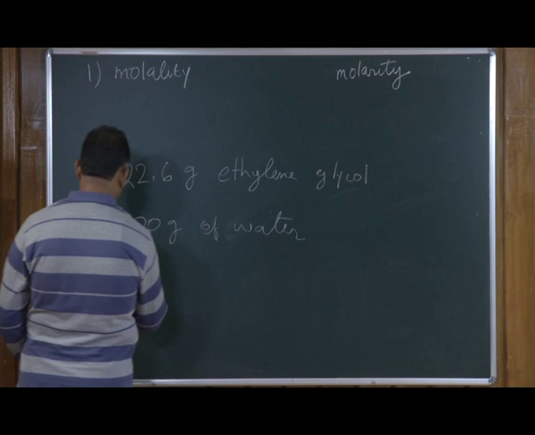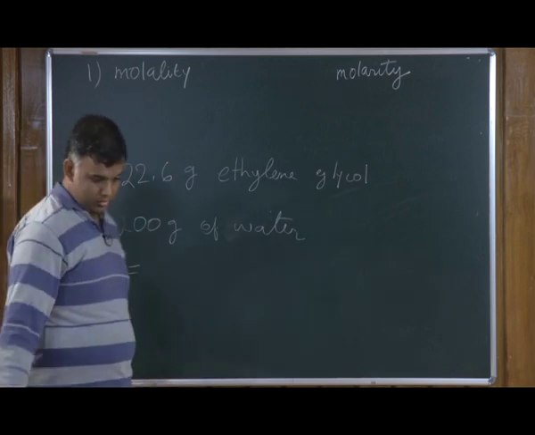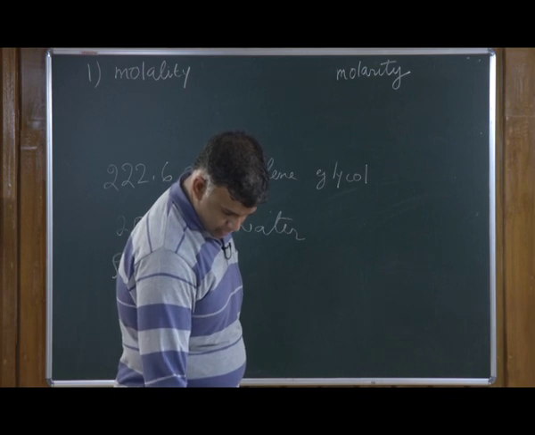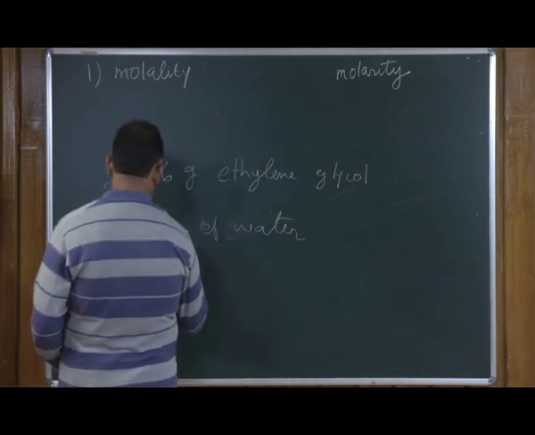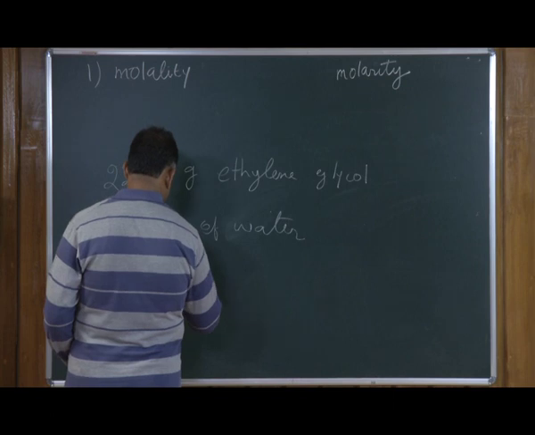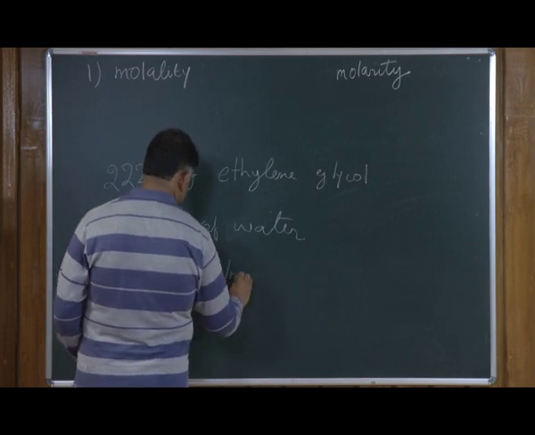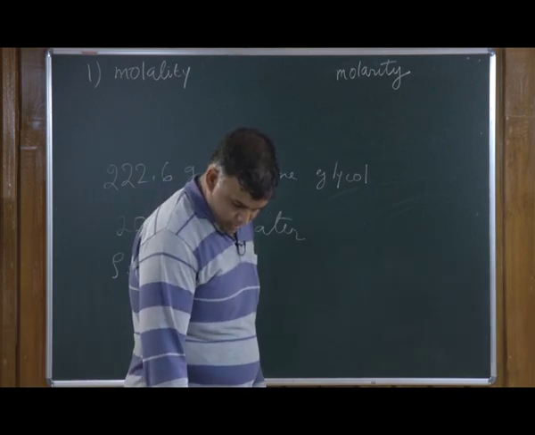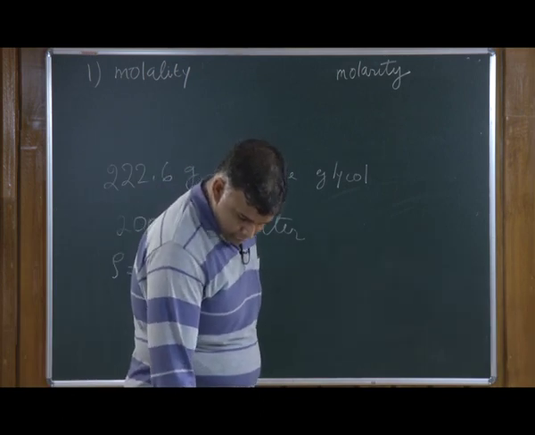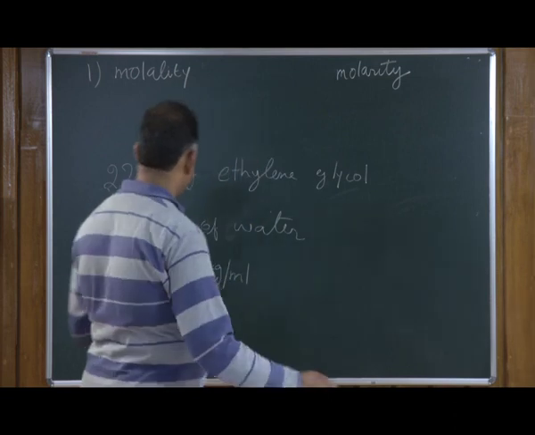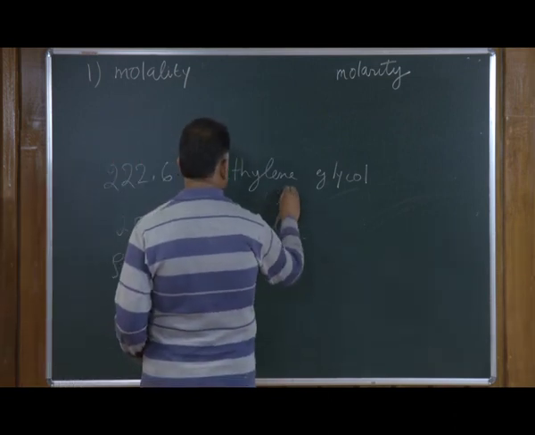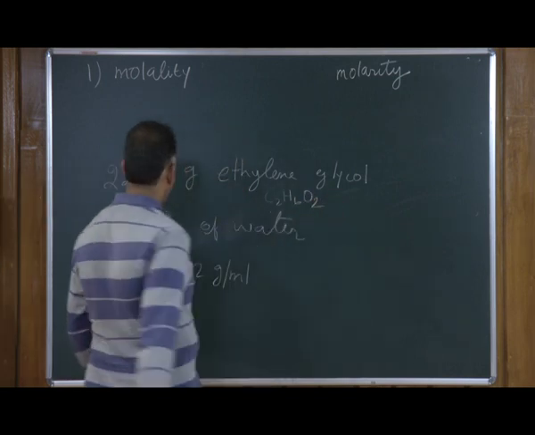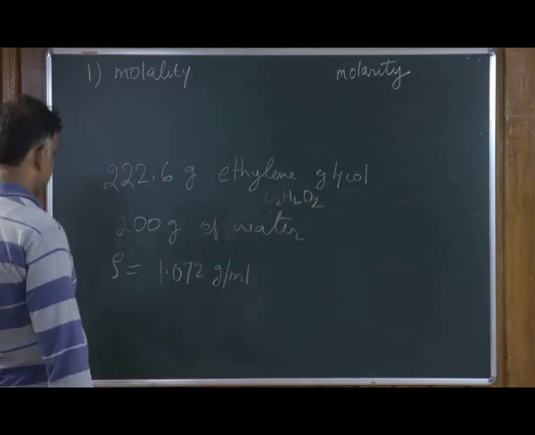And the density of the resultant solution is 1.072 gram per milliliter, and the formula for glycol is C2H6O2. Okay. So, this is used as an antifreeze.